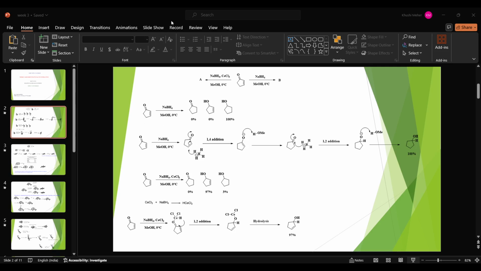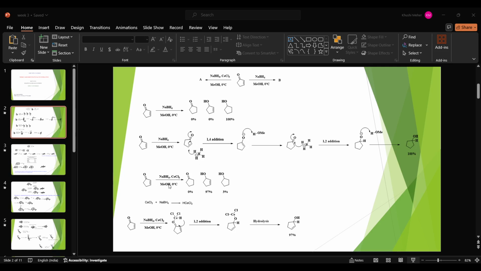But why do we get a different result in the presence of cerium trichloride? The reason is what? Yeah, this is it. You see, we'll get some product of the alcohol also.